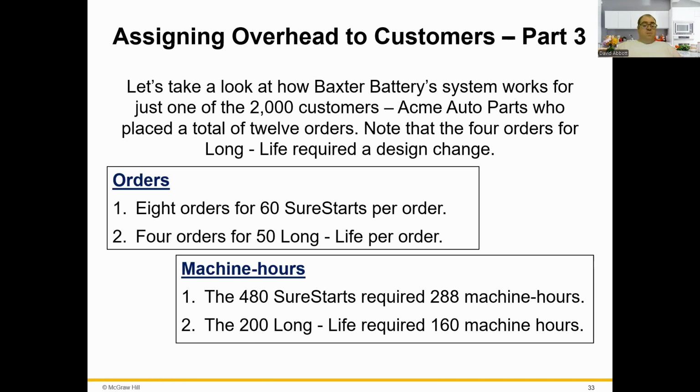Assigning overhead to customers. The data needed to assign overhead costs to one of Baxter's customers, Acme Auto Parts, is as shown. So we see here that they have the number of orders. They have 8 orders for 60 Sure Starts per order and 4 orders for 50 of the Long Life batteries per order, and then the number of machine hours that are needed in order to produce those batteries.